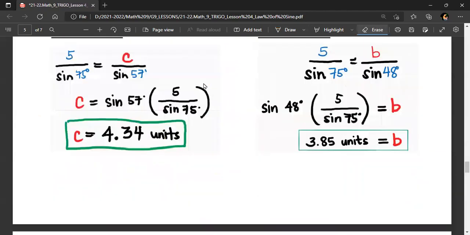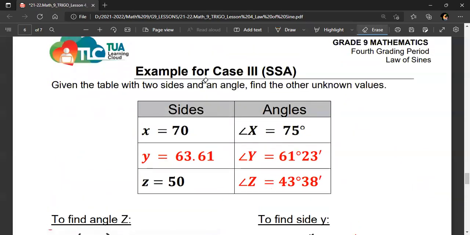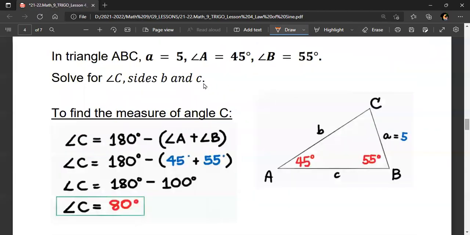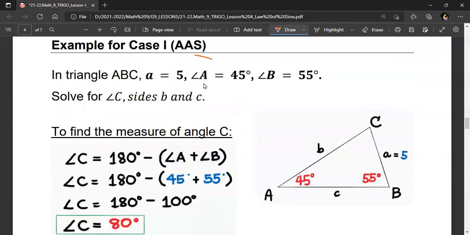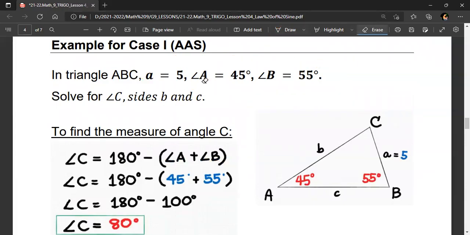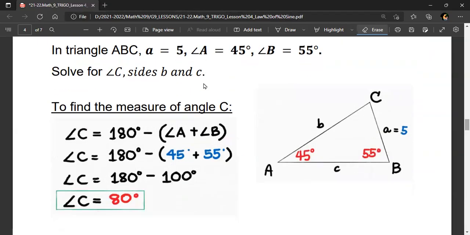Now let's move on with case number 3, where SSA is now present. If you notice, there is no triangle being drawn over here. A while ago, my information here was not arranged. No? It is scattered like this one. But I have here a triangle presented to you.